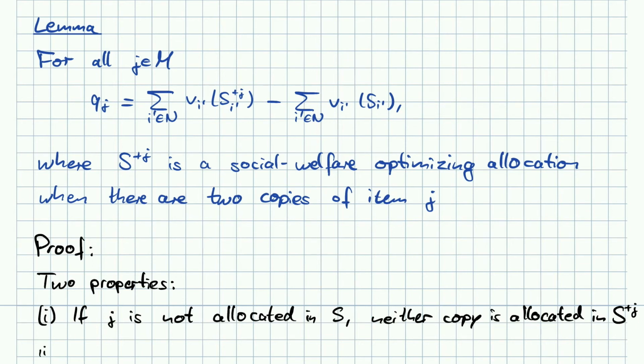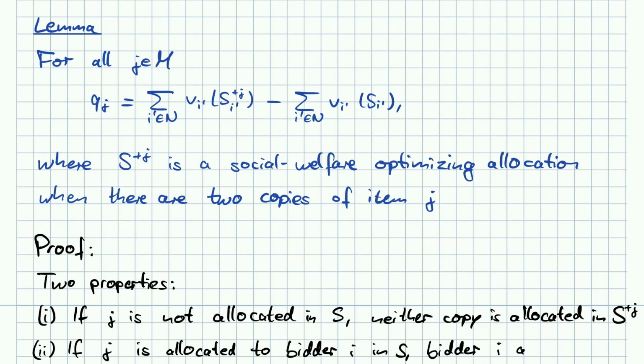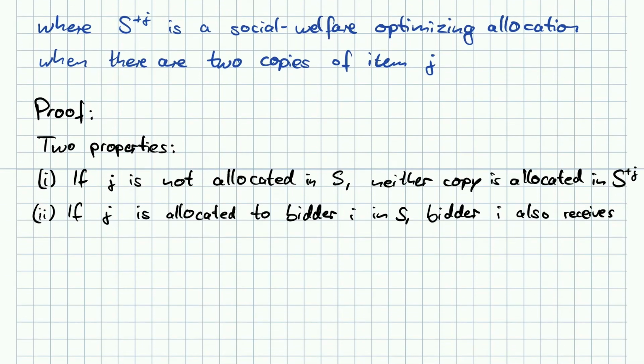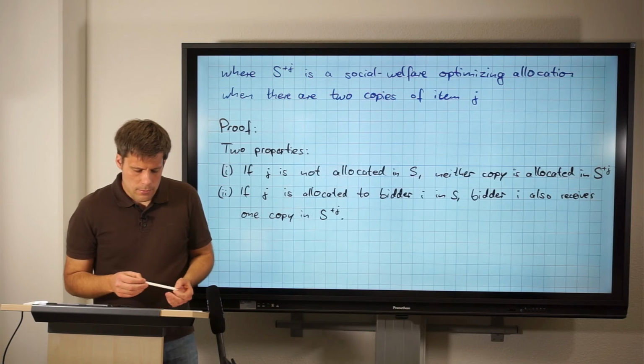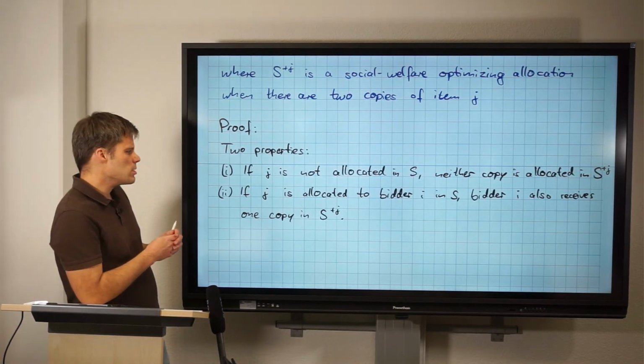And then the other property is that if J is allocated to bidder I in S, bidder I also receives one copy in S plus J. Is this second property surprising?